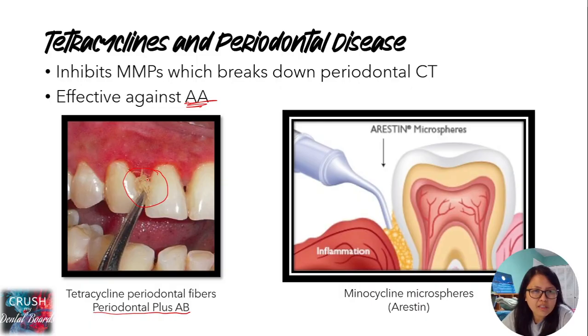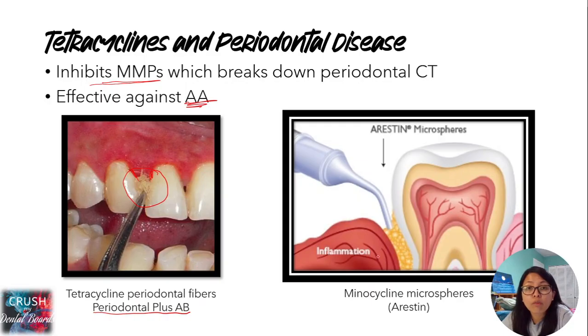If you take a look, these are like fibers. What do you do? You insert them in the pocket area. Why? Tetracyclines would inhibit your metalloproteinases from breaking down your connective tissue. So that's an example of tetracycline periodontal fibers.